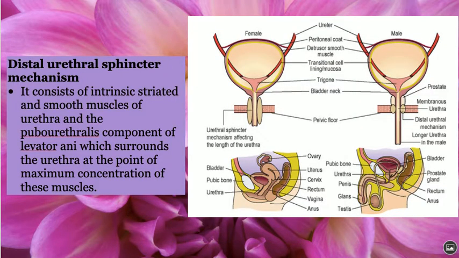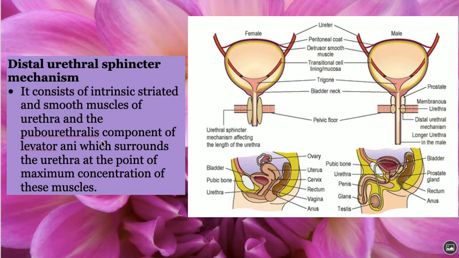Okay. So we came across this term called the distal urethral sphincter mechanism. Okay. So what is it? Basically it consists of intrinsic striated and smooth muscles of the urethra and the pubourethralis component of the levator ani. You must have done the parts of the levator ani. So one part is the pubourethralis, as the name suggests.